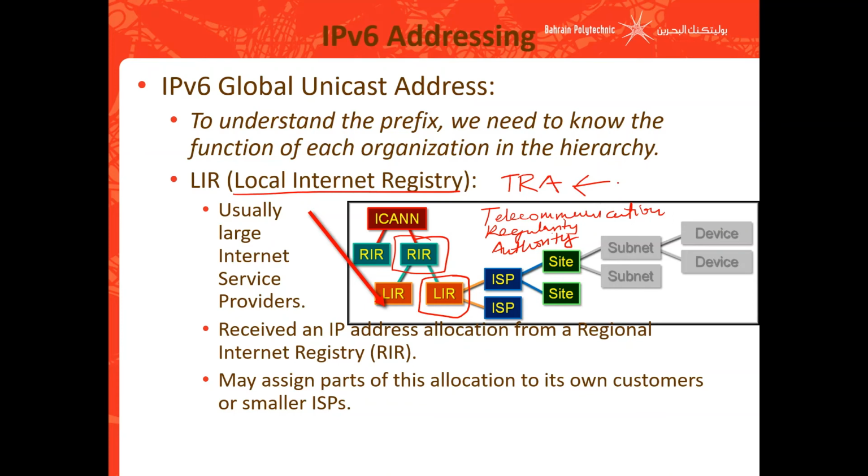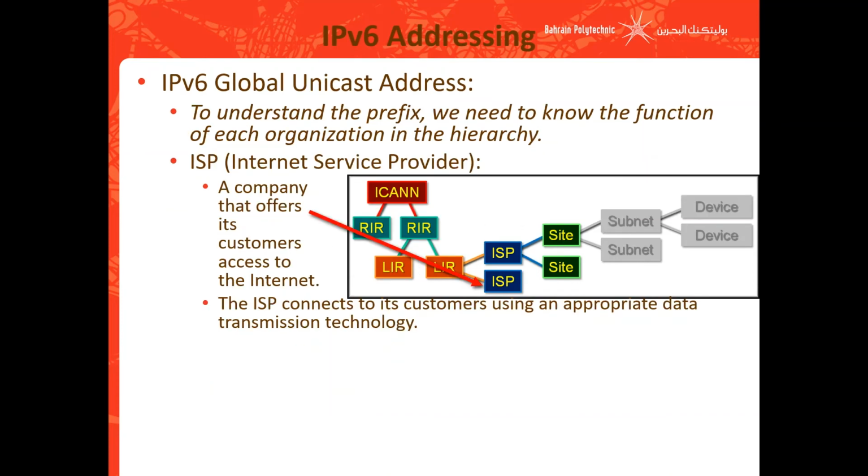Okay. Then we have our ISPs, which are in Bahrain. The biggest one is Betelco, then there is Zain, there is STC. Okay, so these ISPs, or internet service providers, have been allocated IP addresses from the LIR, which they can then use for their customers.